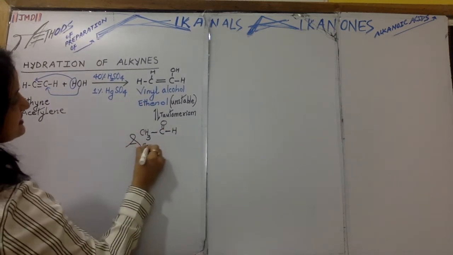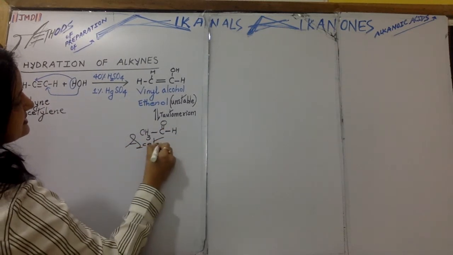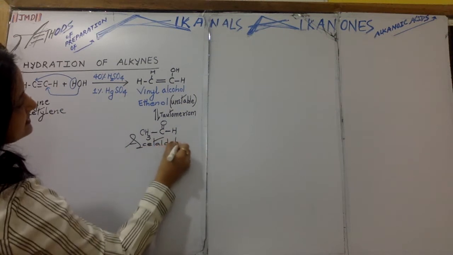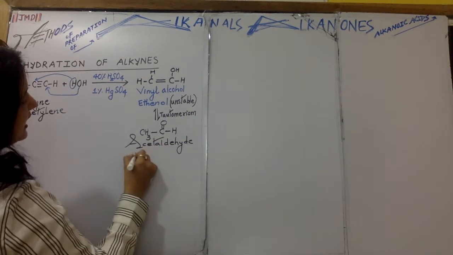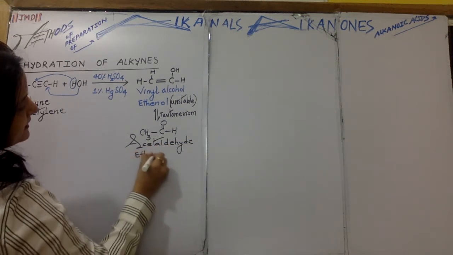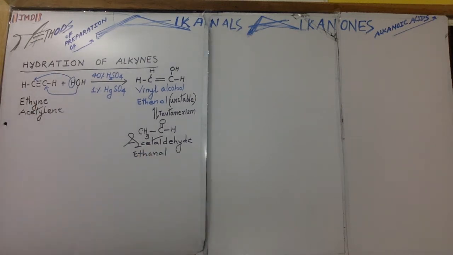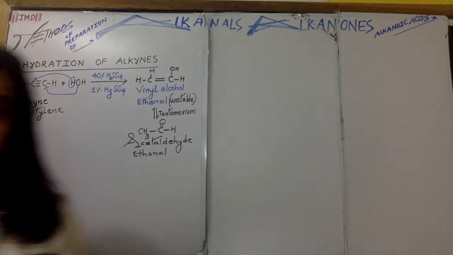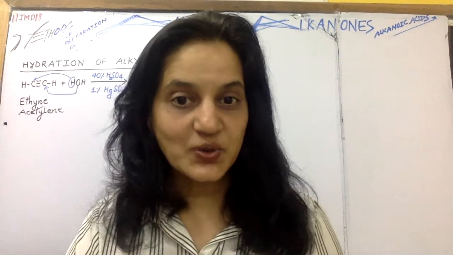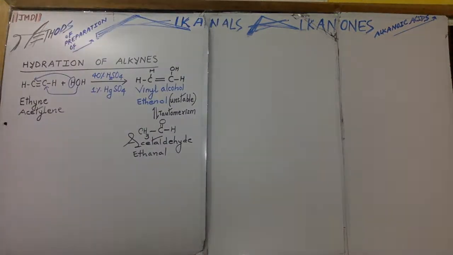That's acetaldehyde, which we also call ethanal. So that's how we can convert alkynes to aldehydes.